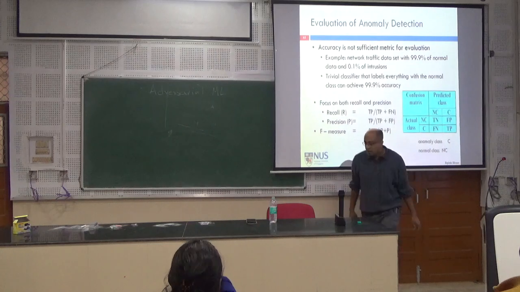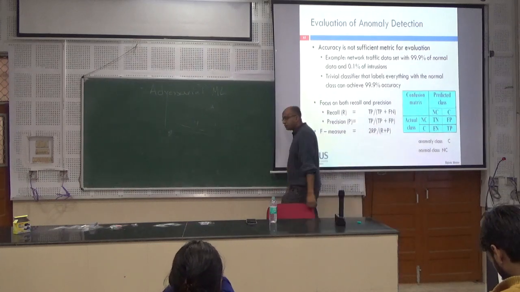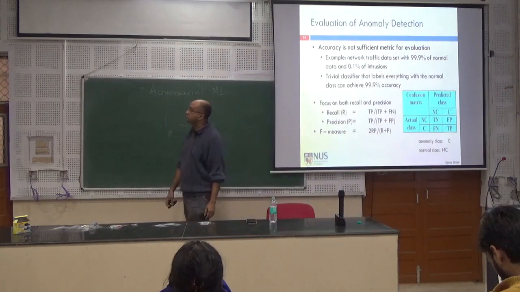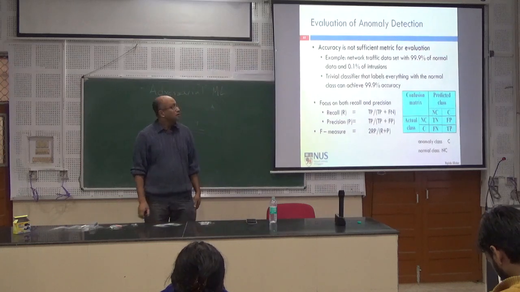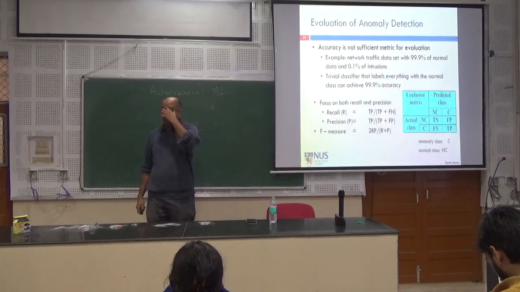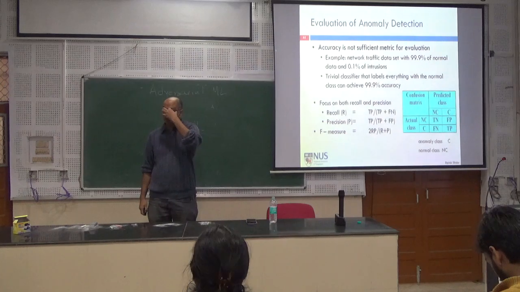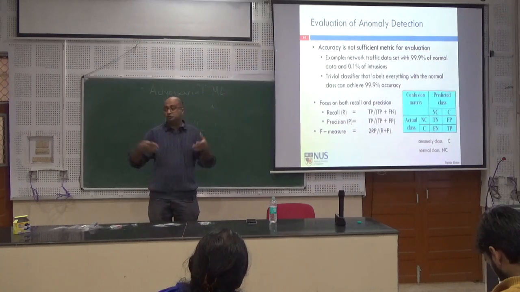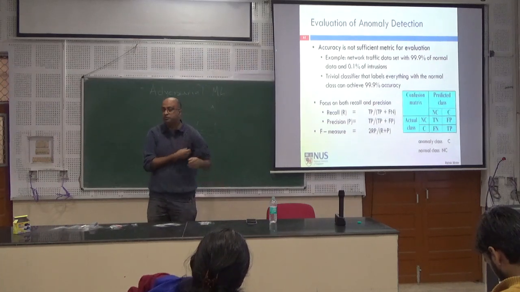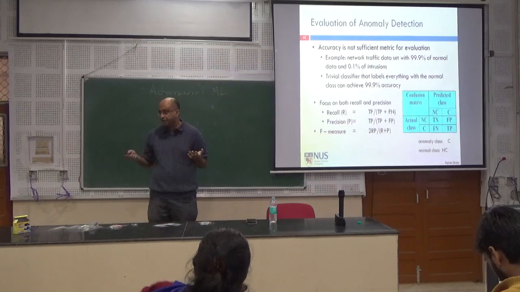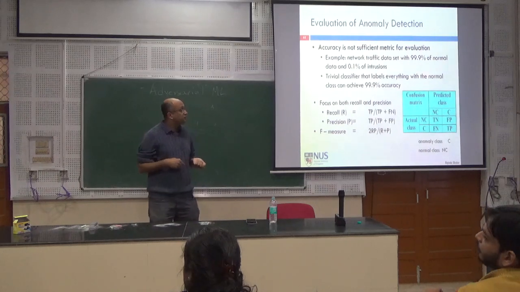That's accuracy. But it turns out that that's not necessarily a good way of measuring what you're doing. These are all statistical tests of how your classification is working. System performance.